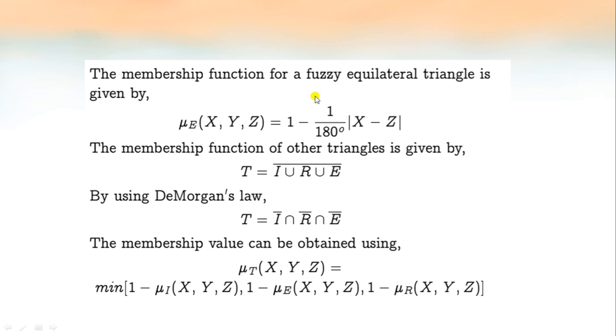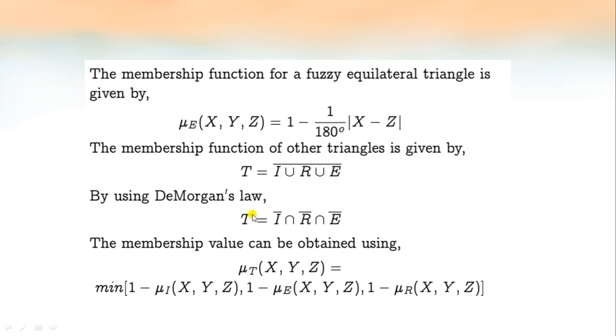The membership function for a fuzzy equilateral triangle is given by 1 minus 1 by 180 degrees times the modulus of x minus z, where x and z are angles of the triangle. The membership function of other triangles is defined by T equals the complement of (I, the isosceles triangle, union R, the right angled triangle, union E, the equilateral triangle).